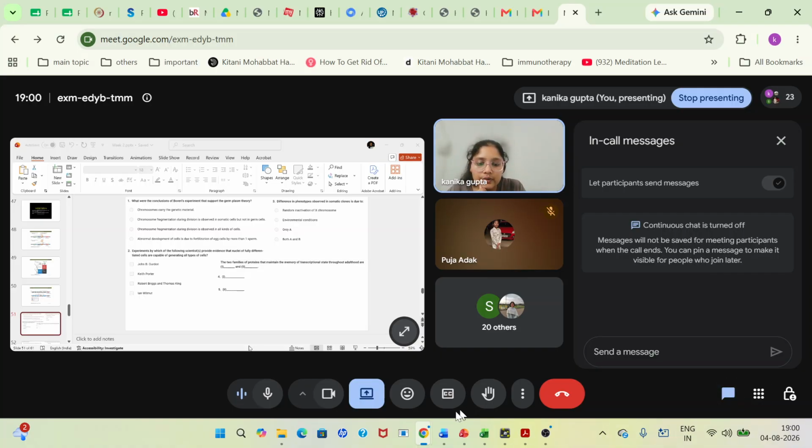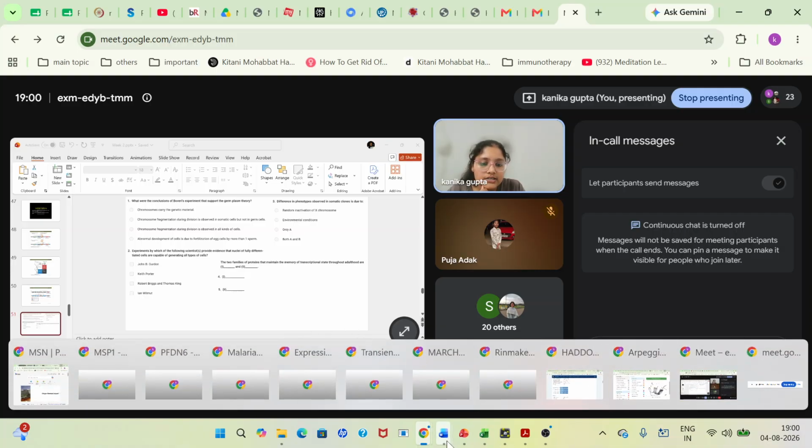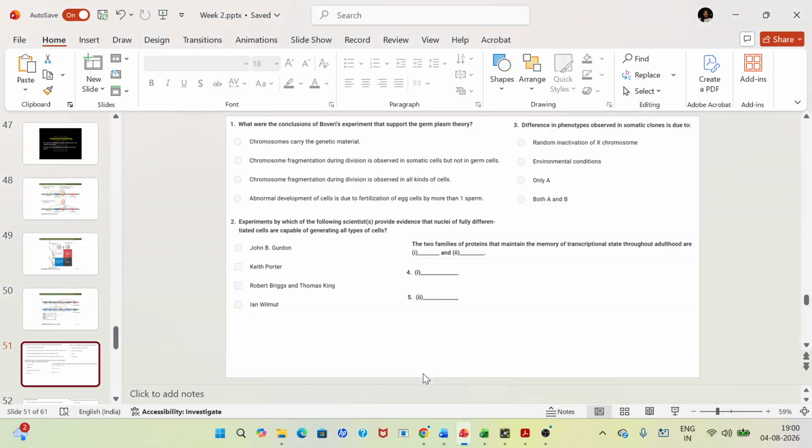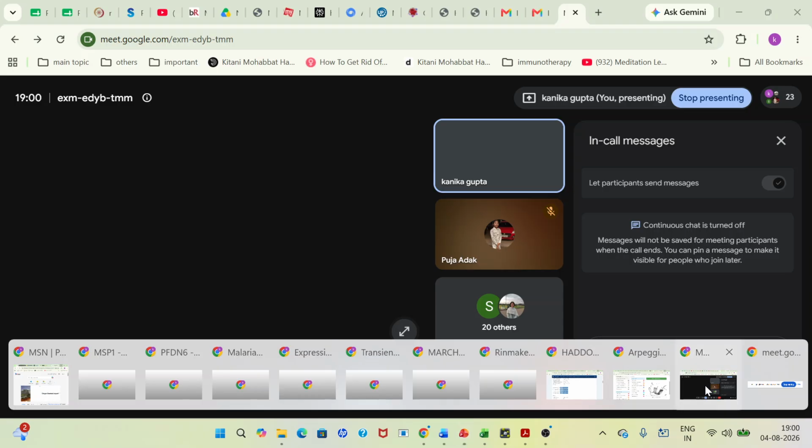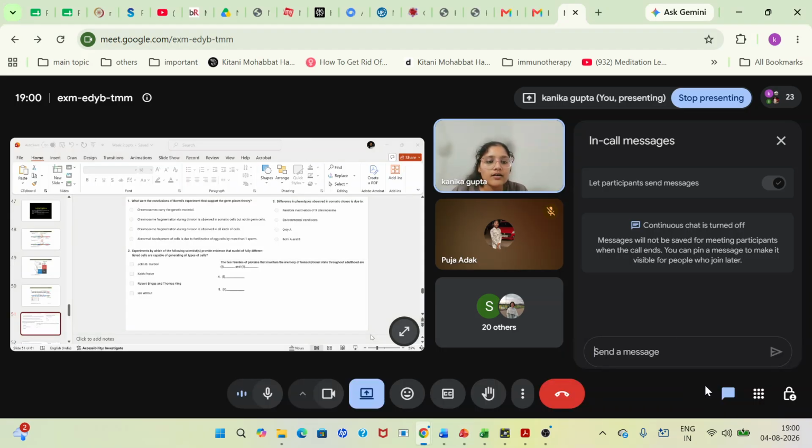Okay, so we'll start with question number one. What does question number one say? What were the conclusions of Boveri's experiment that support the germplasm theory? What did Boveri conclude in the germplasm theory through his experiment? He did an experiment on Ascaris, if you remember. So, everyone type your answers in the chat box, please. I hope you understood the question.